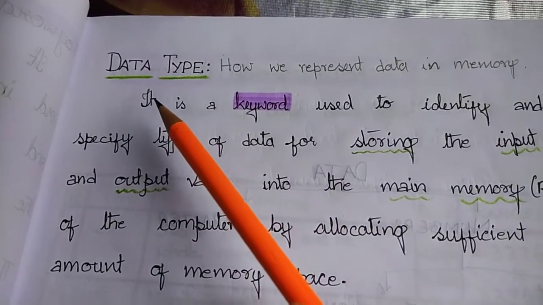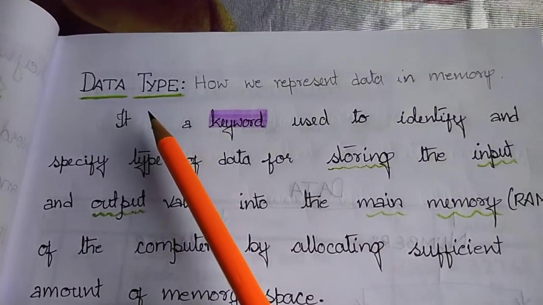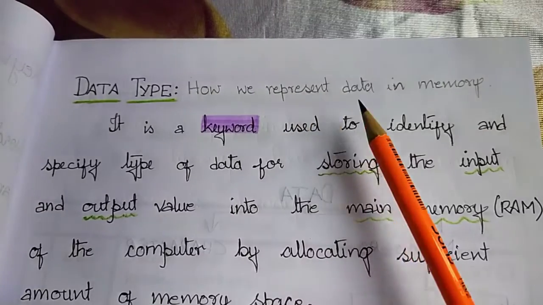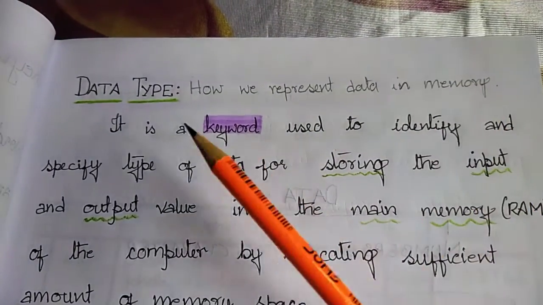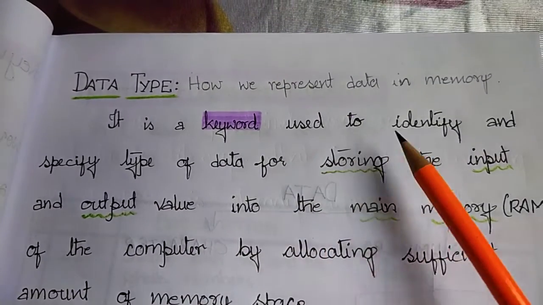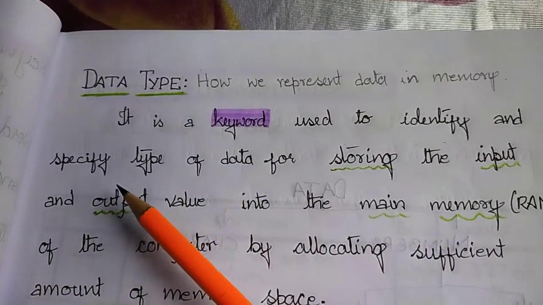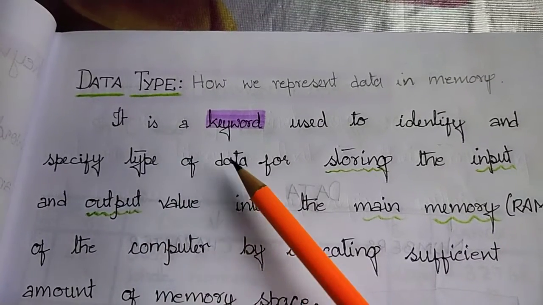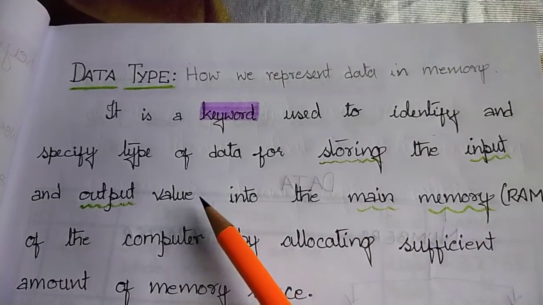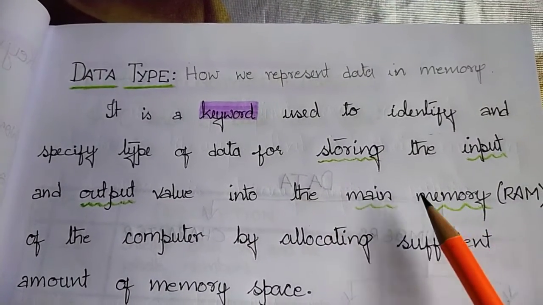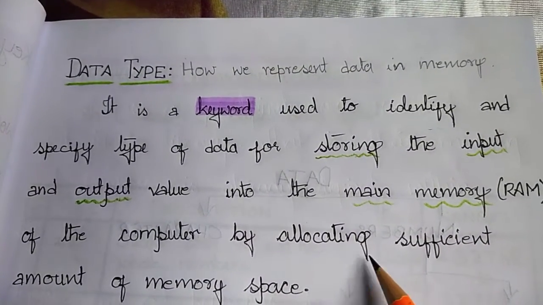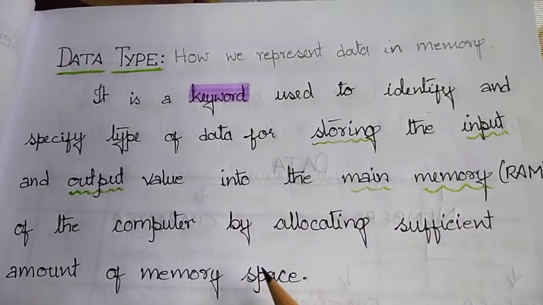Data types is the way we represent the data in the memory, or data types can be defined as a keyword that we use to identify and specify the type of data for storing the input and output value into the main memory of the computer by allocating or reserving a sufficient amount of memory space.